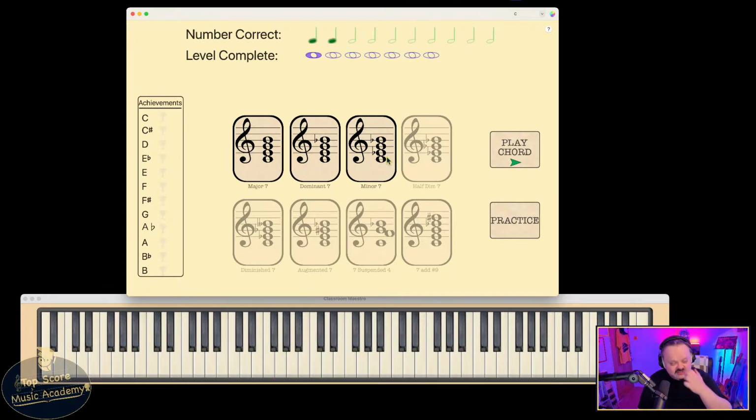There's a lovely sound to them, and they can be used in any chord really. So I think that's what we have, isn't it?